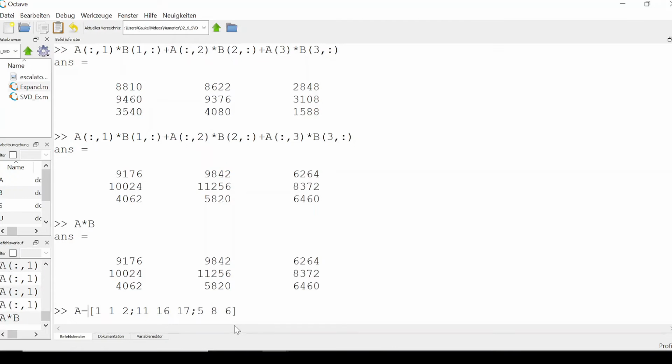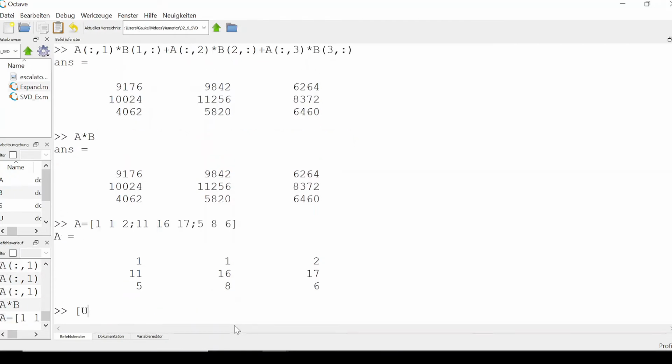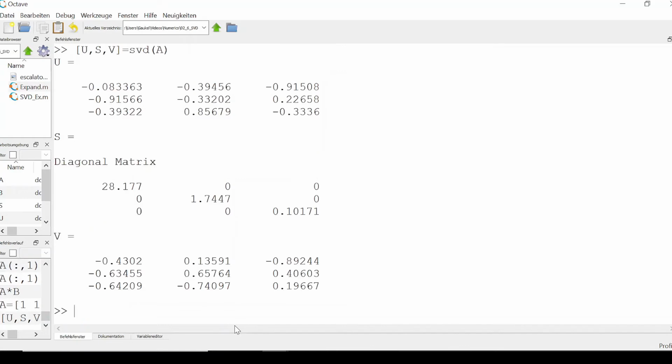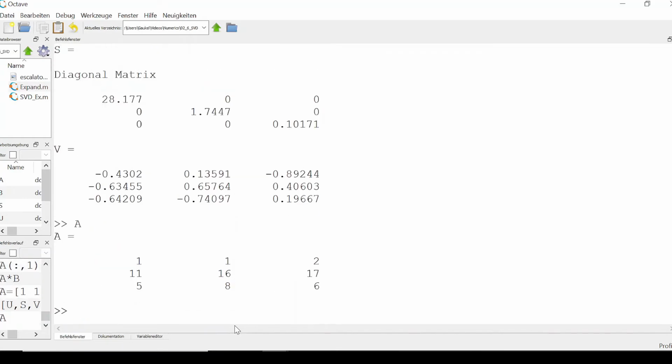So let's go back to our matrix A we started with. So this was our A, and then we decomposed by using that command. And now let's compare the first column of U, times first column of V transposed, and then times the first singular value.